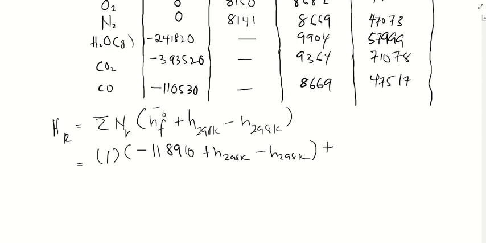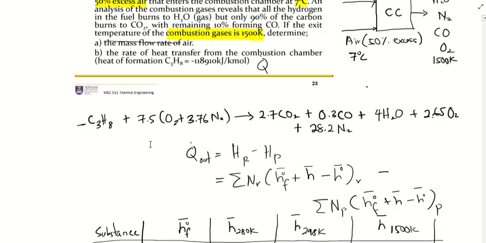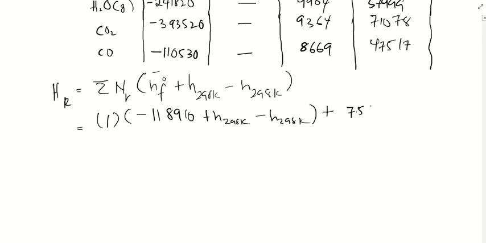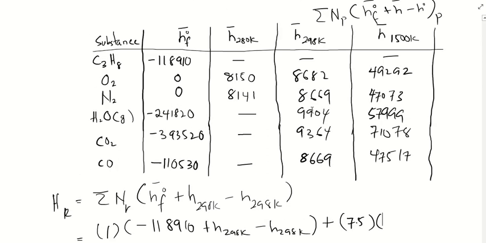And then we have 7.5 for oxygen. 7.5 multiplied with the enthalpy of formation for oxygen, which is 0, plus the H at 298.